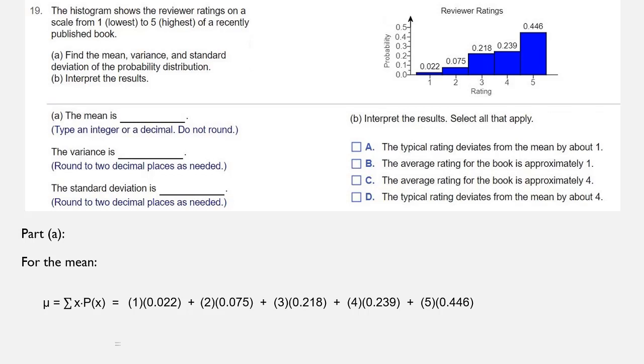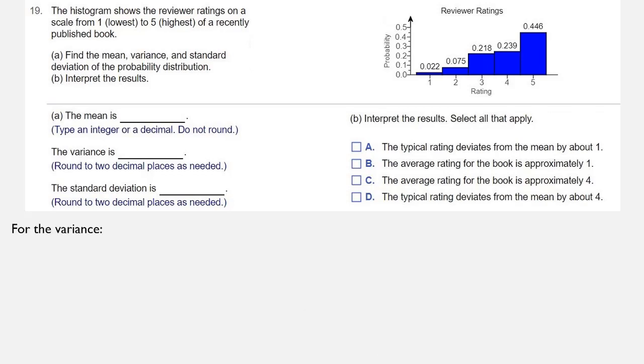When we multiply each one of those together, we get 0.022, 0.150, 0.654, 0.956, and 2.230. Added together, that gives us 4.012, and it says do not round, so that is going to be our mean.